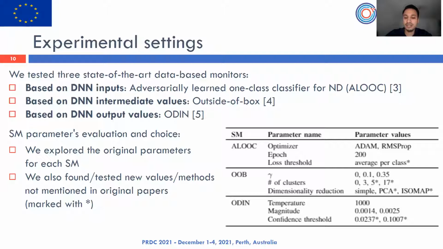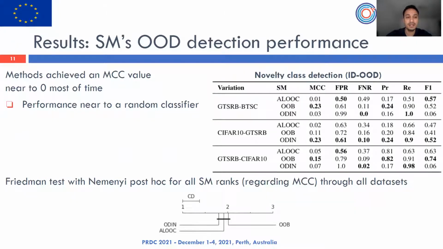And here, this table, as I mentioned, has some parameters that we tested. Actually, I tested all the parameters that the original papers tested too. And we applied other parameters as well, beyond the ones that were tested in their original papers.